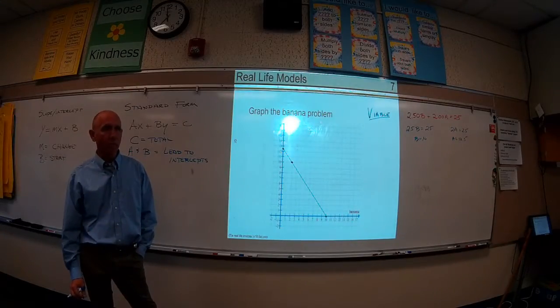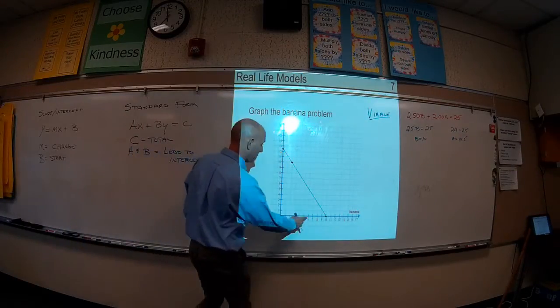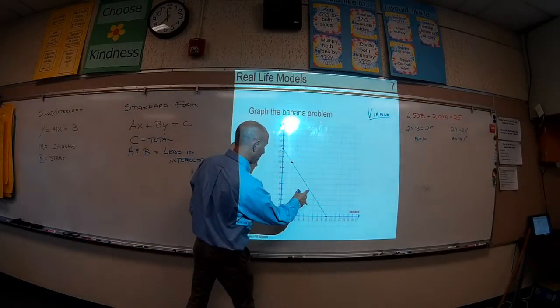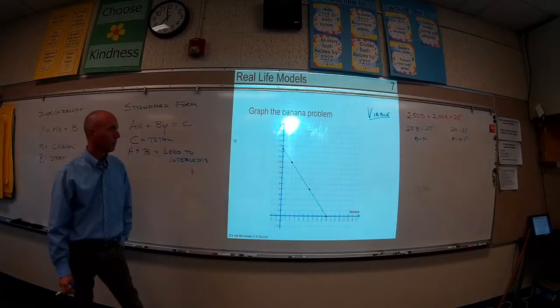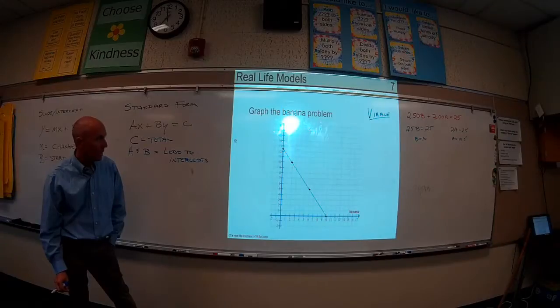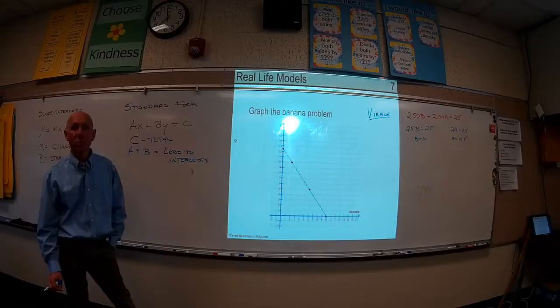There's another viable solution. Aiden. Is it 6, 5? 6 comma 5 is a viable solution. That would be 6 bananas, which is $15, and then 5 apples, which would be $10, which takes me to 25. Good.